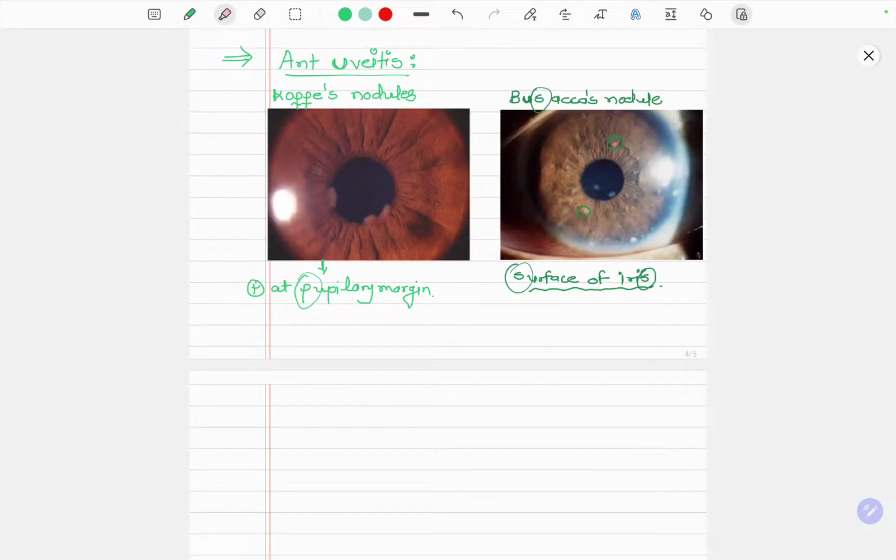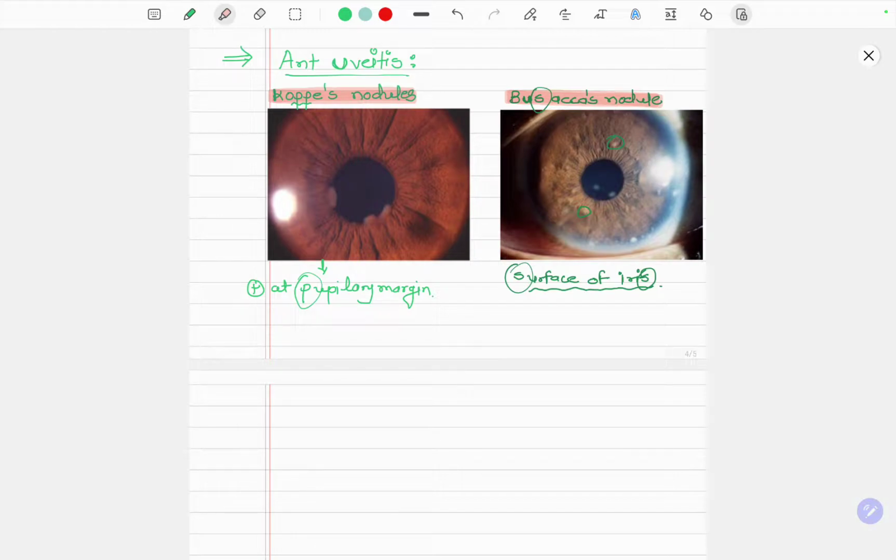Another two conditions associated with anterior uveitis are Koeppe nodules and Busacca's nodules. Now how to remember?